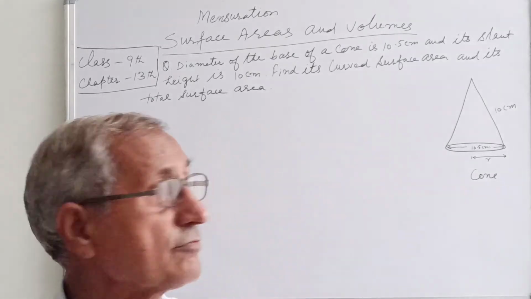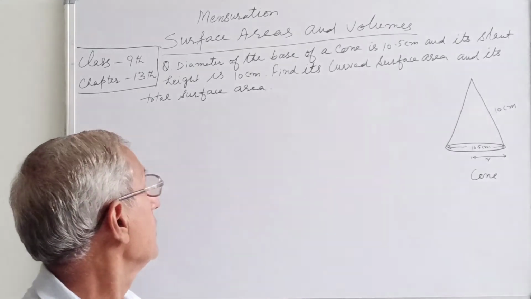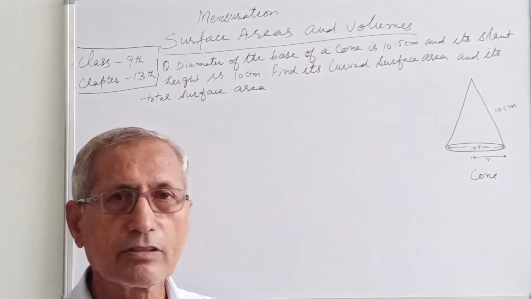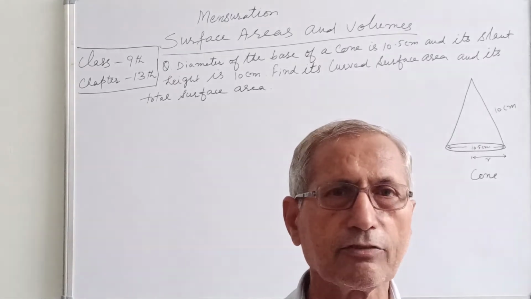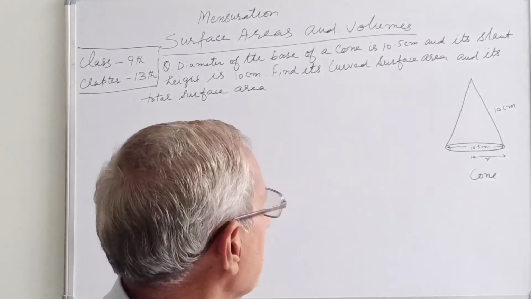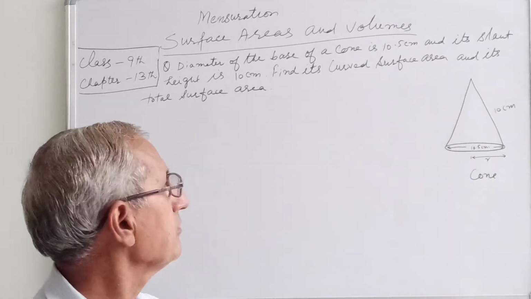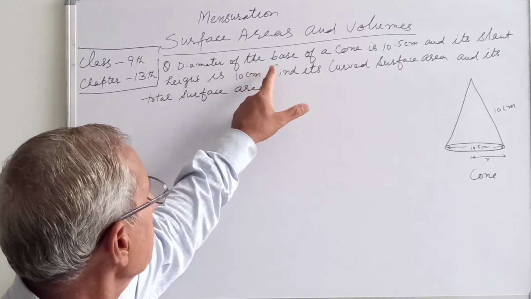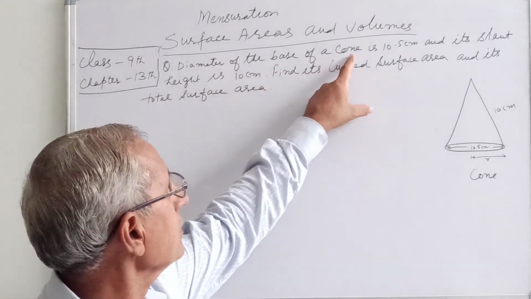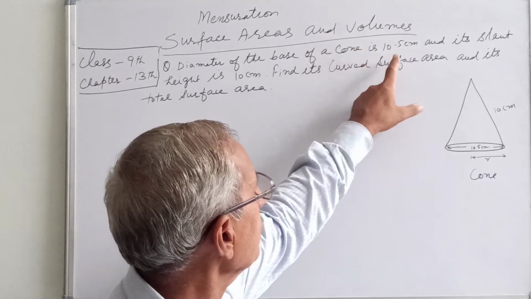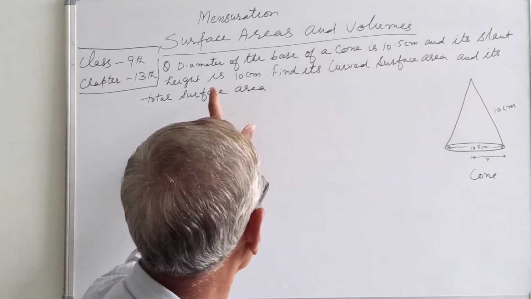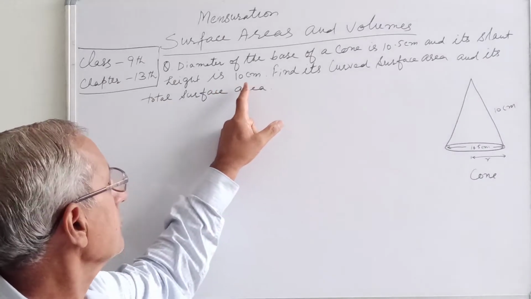Today I have a video for you in continuation with the previous video on surface area and volume. So starting with the video, the question is: the diameter of the base of a cone is 10.5 centimeter and slant height is 10 centimeter.